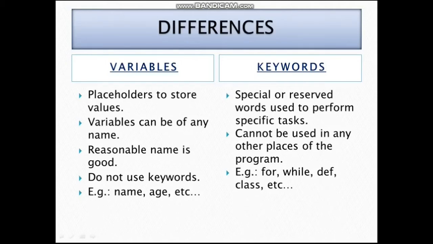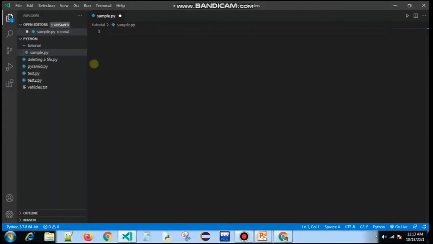Now with that being said, let's head over to our code editor and see how variables work in Python. I have created a sample Python file with a .py extension which resembles that it's a Python type of file. So here let's create an addition program with variables.